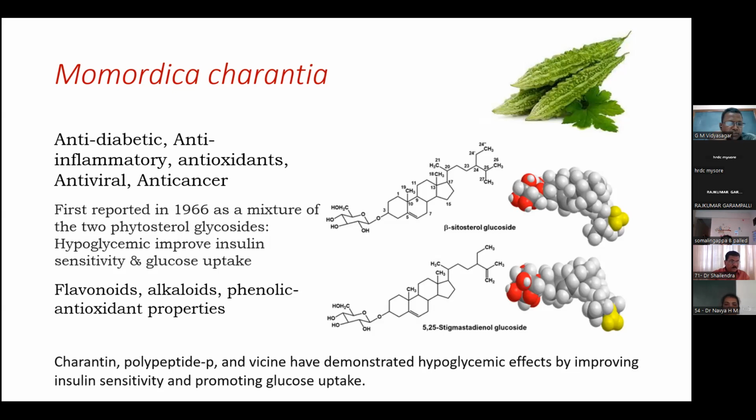It has got some other compounds like charantin, polypeptides, and vicine, which have demonstrated hypoglycemic effects by improving insulin sensitivity and promoting glucose uptake.